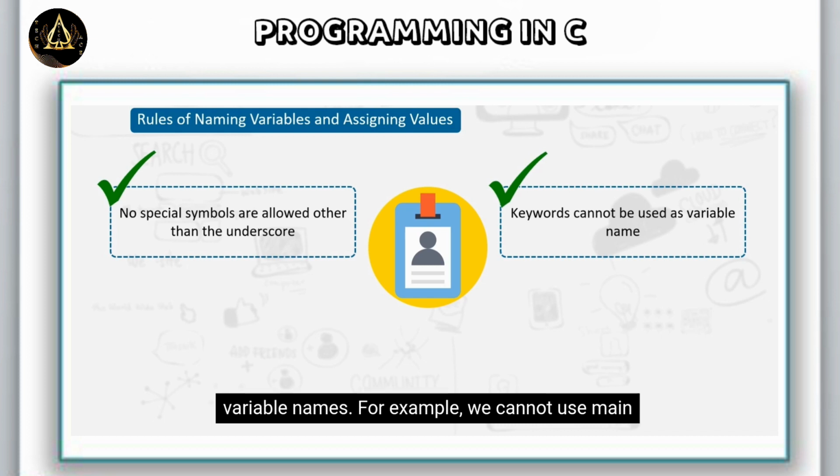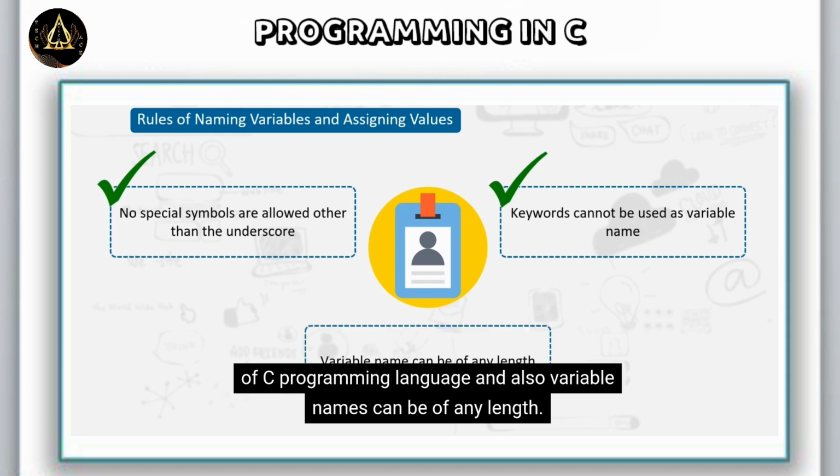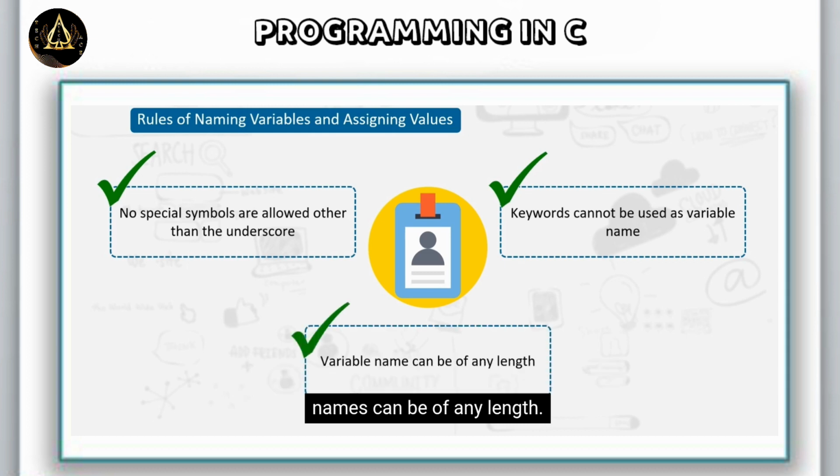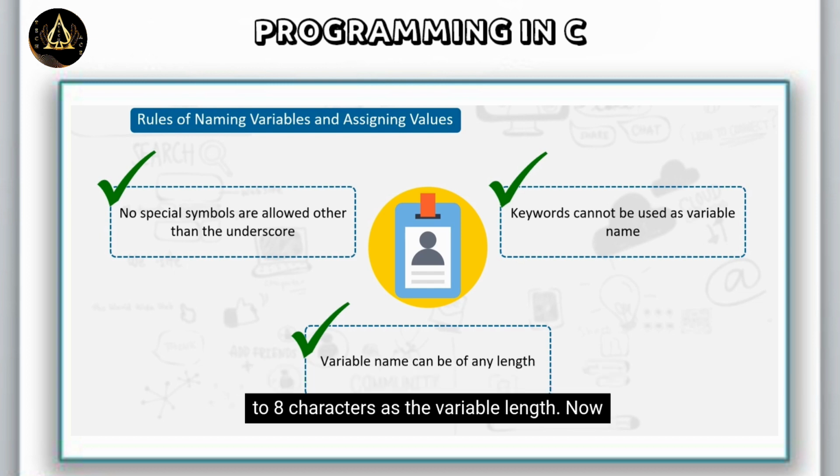For example, we cannot use main or define as a variable name because they are keywords of the C programming language. And variable names can be of any length, but it is preferred to have up to 8 characters as the variable length.